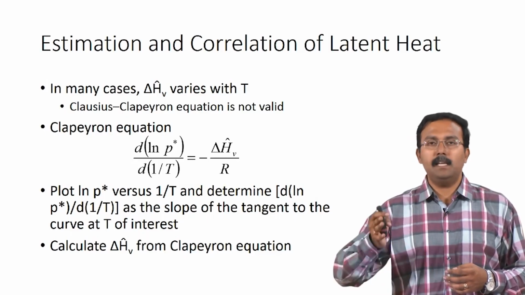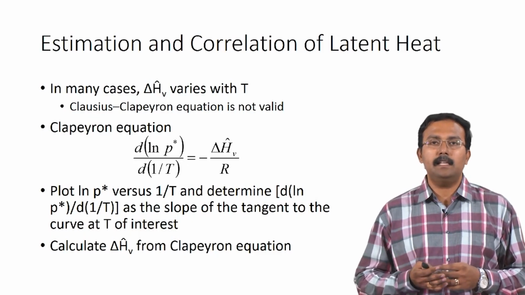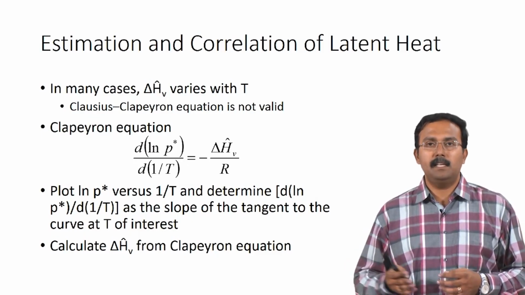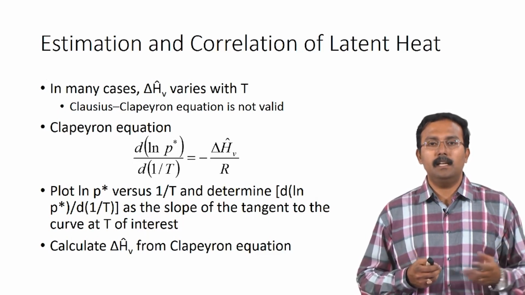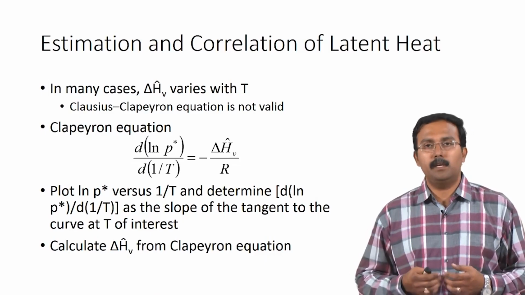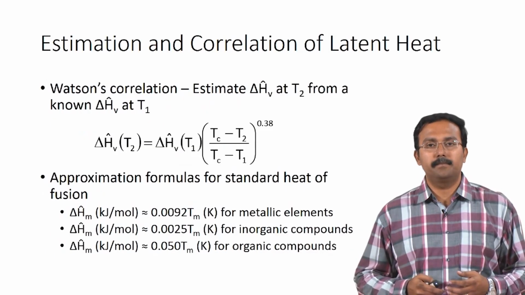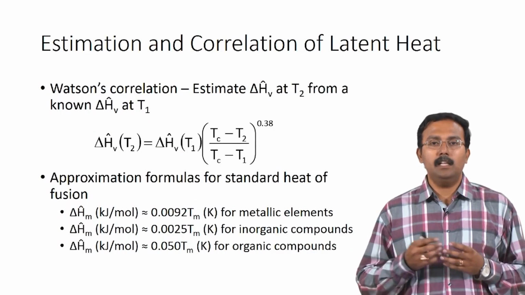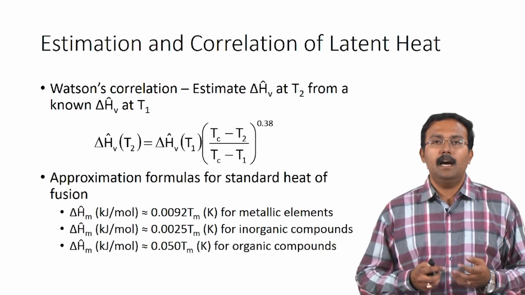So, as the slope changes, the ΔH_V would also change, indicating the change in heat of vaporization as a function of temperature. So, this ΔH_V can be calculated by plotting this curve and finding the slope of the tangent.